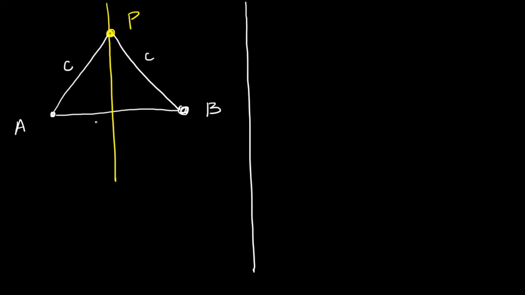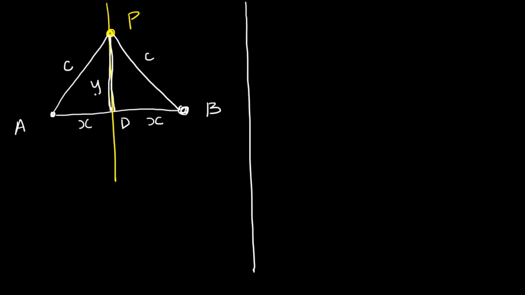The first thing you notice is that since it's a bisector, the lengths AD and DB are equal, where D is the foot of the perpendicular, and let's call this length y; it doesn't matter what you call it.